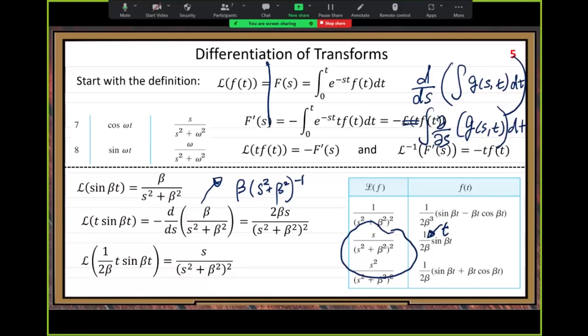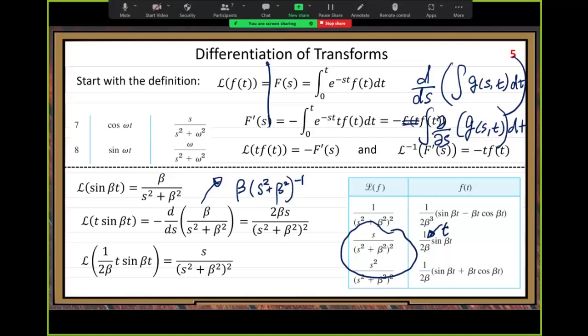But after the computation, we know we should put a t here. So from the table, you know there is an error here. That's this example.